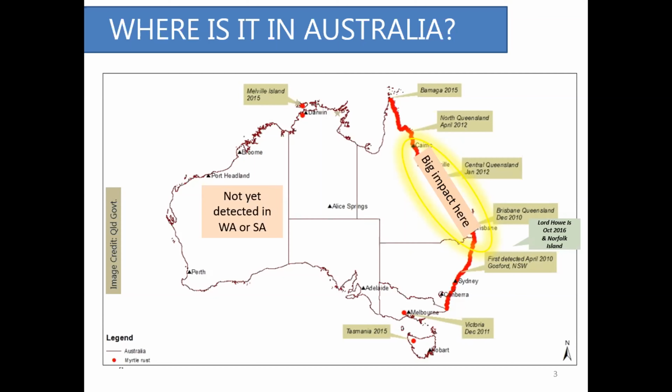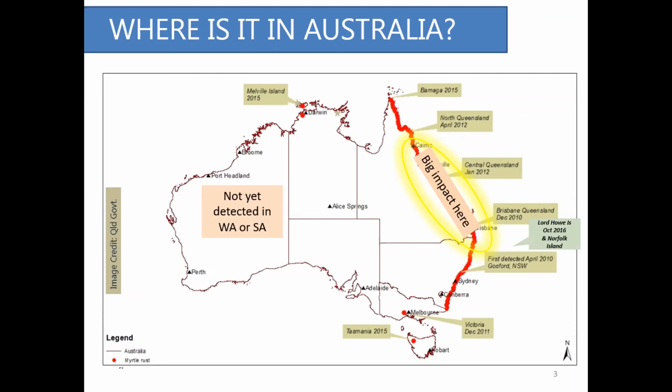Then it was found in Tasmania, but interestingly, it didn't spread to the natural environment. It was only found on a couple of species, like ornamental species, and on people's residential edges and things like that. So Tasmania had a crack at trying to eradicate the disease, but after a year or two, they couldn't eradicate the disease.